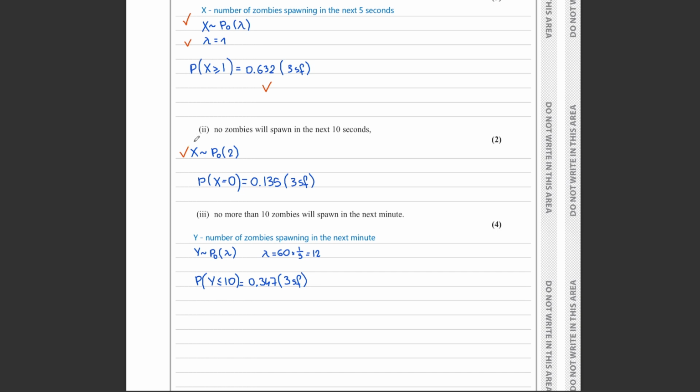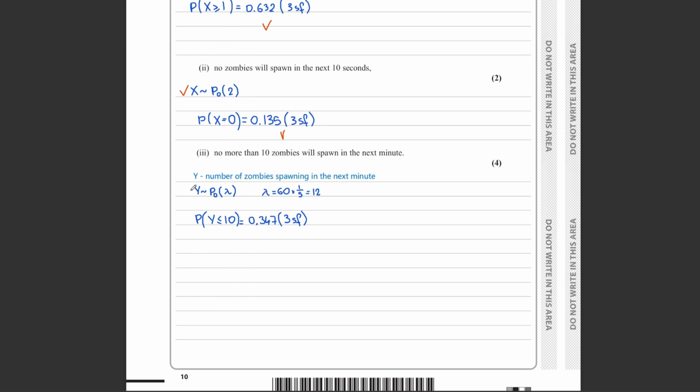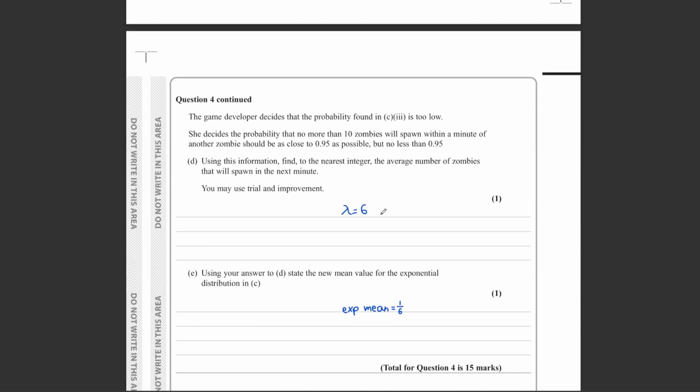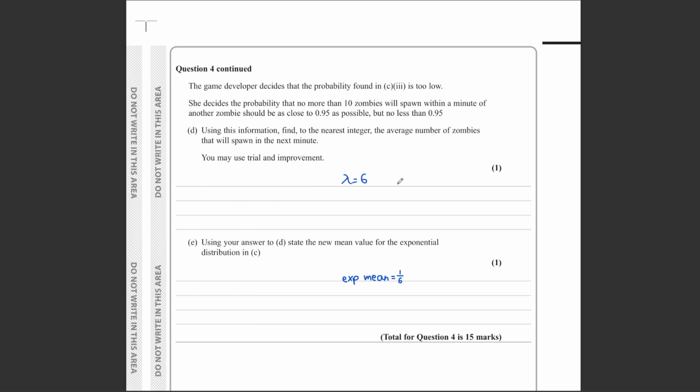One for the distribution and one for the result. One for the distribution, one for the new lambda, one for the probability, and one for the result. One for lambda 6, and one for the new mean.